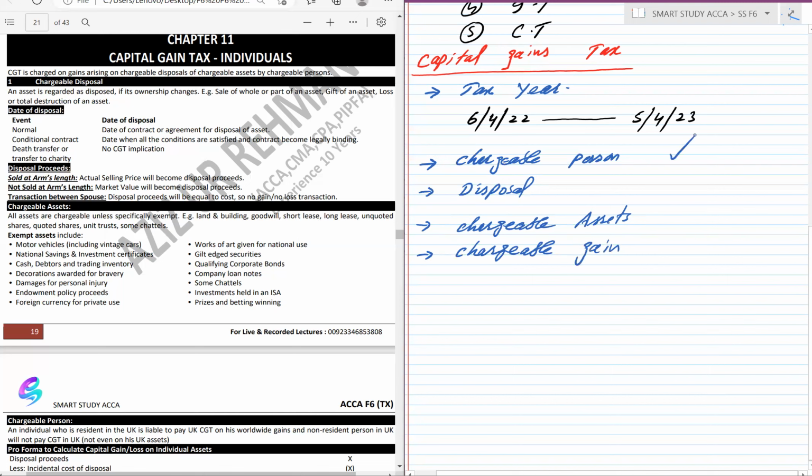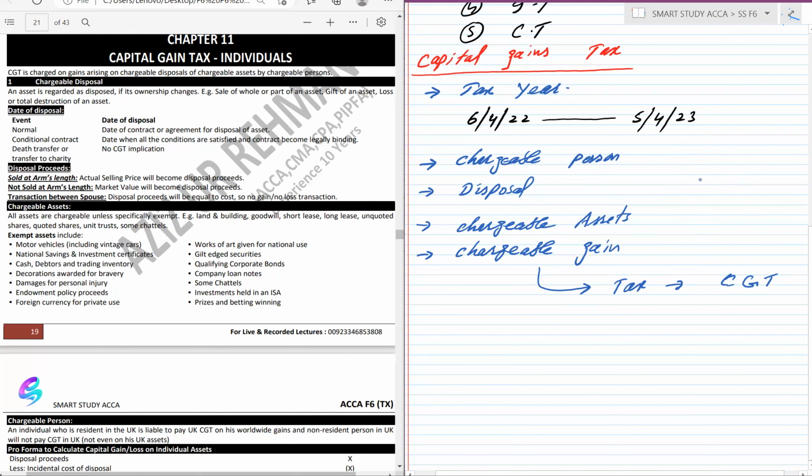When a chargeable person makes a disposal of chargeable assets and he has a capital gain, meaning he has profit on sale of that asset, on this profit he will pay a tax called capital gains tax.